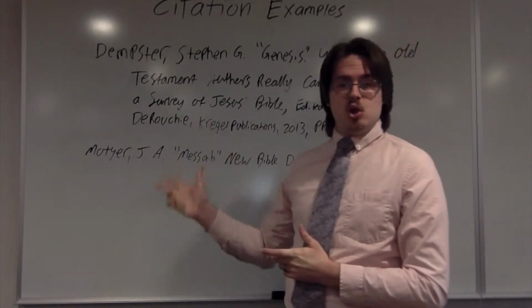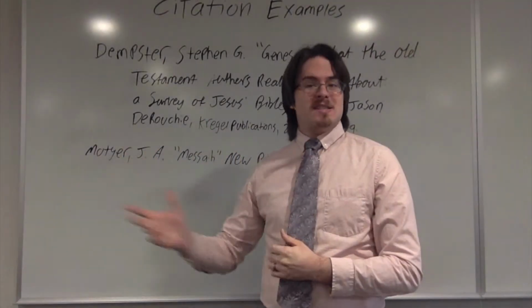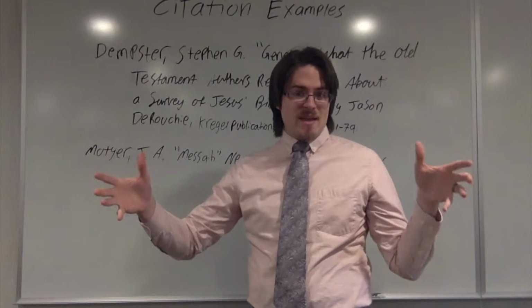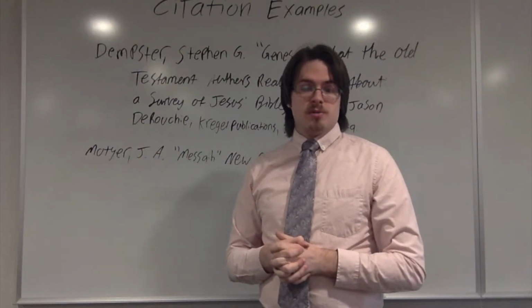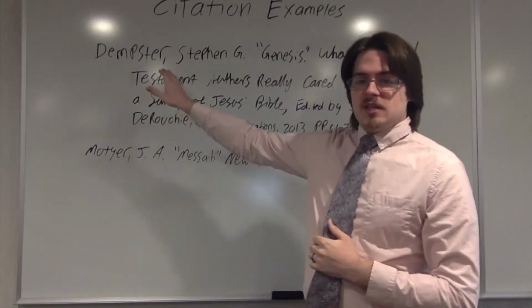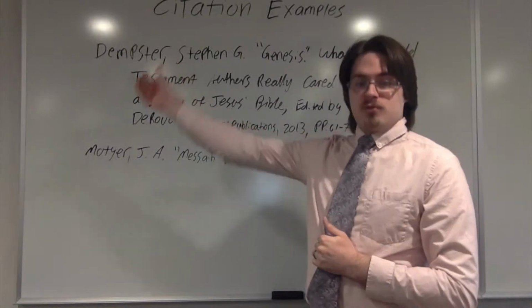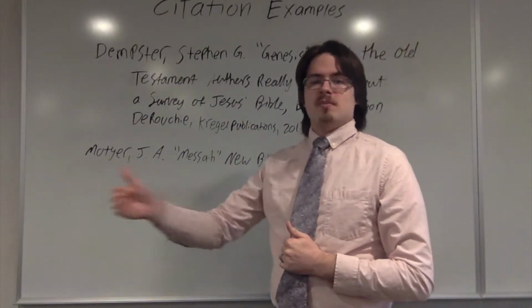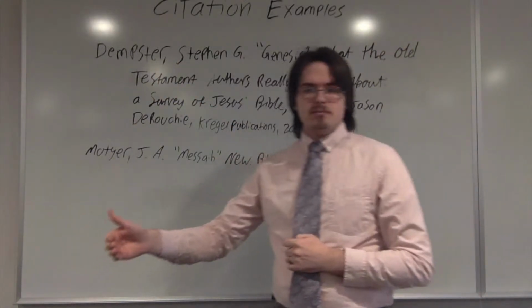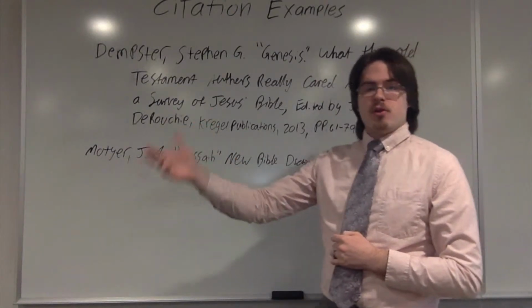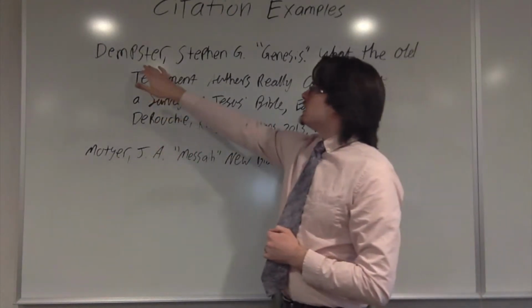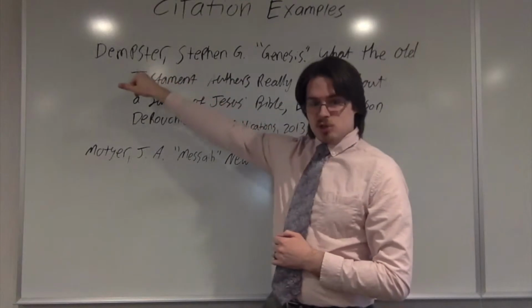So these two will both be part of a container that is a larger set of work. So first we see here, this is actually a chapter from a book, and each chapter is written by a different author. So in this instance, the author of the chapter is Stephen G. Dempster.